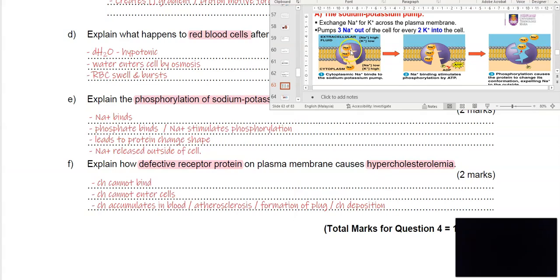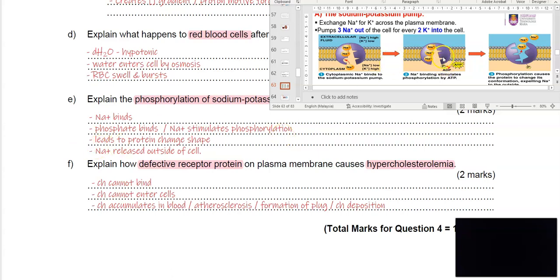Sodium will bind to the sodium potassium pump. So 3 sodium from inside the cell will bind, and then the binding will cause ATP to be hydrolyzed, releasing one of its phosphates, which attaches to the sodium potassium pump. So sodium stimulates the process of phosphorylation, the attachment of phosphate to the pump.